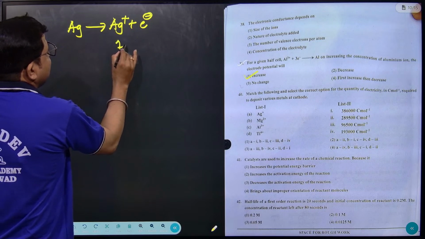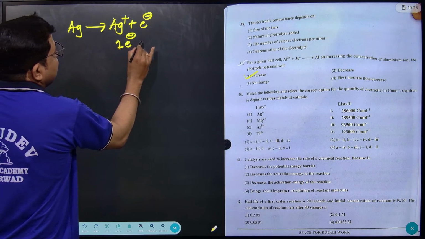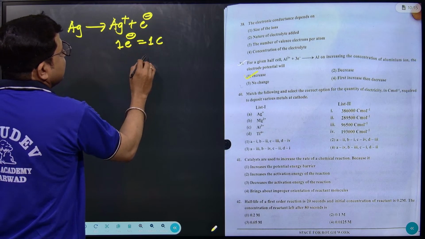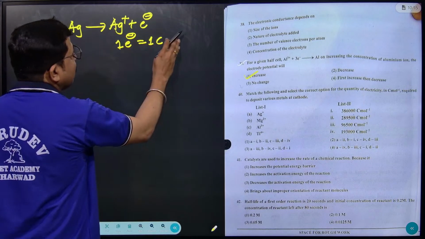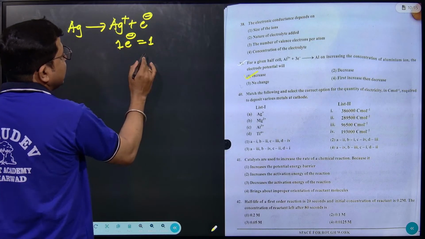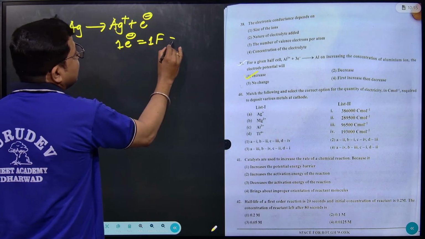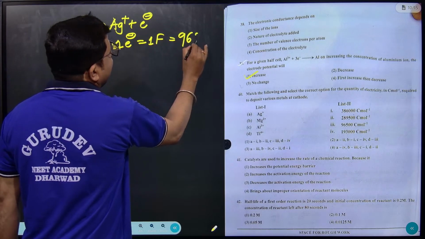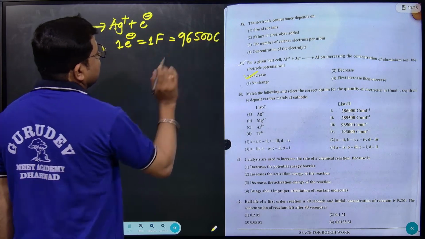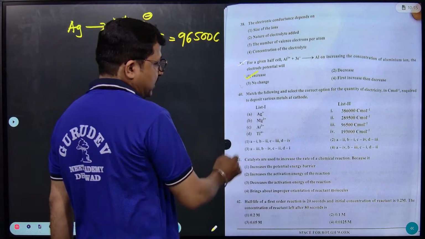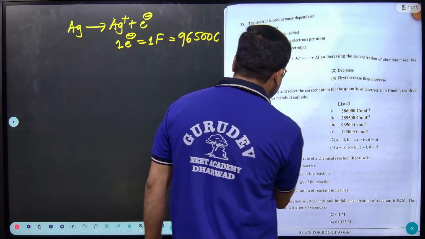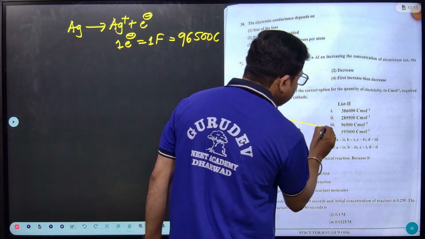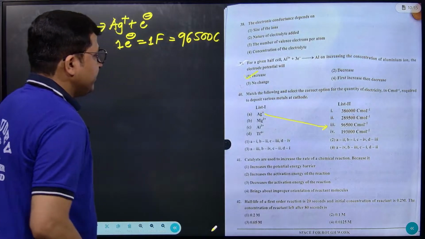One electron corresponds to 1 farad charge, not 1 coulomb, that 1 farad charge corresponds to 96500 coulombs. See here, Ag+, directly see here, Ag goes to option number 3.